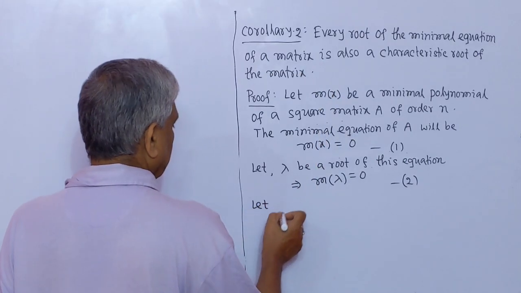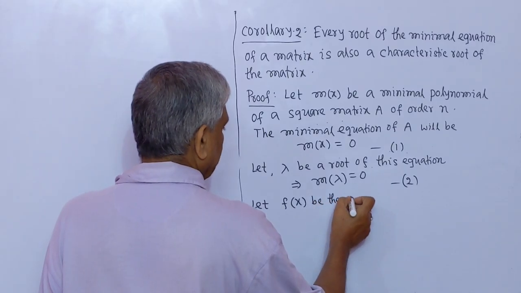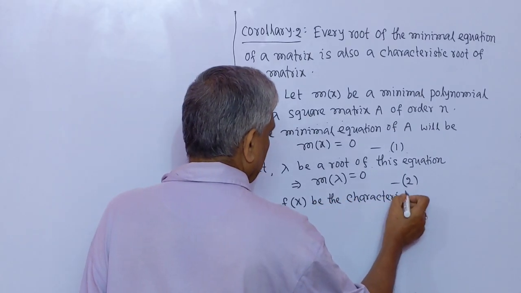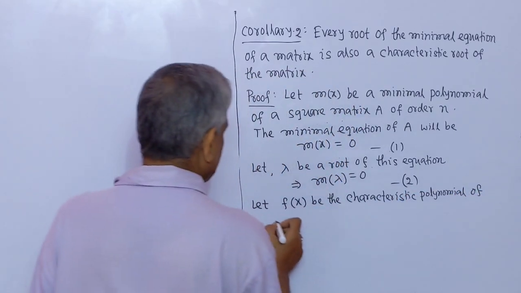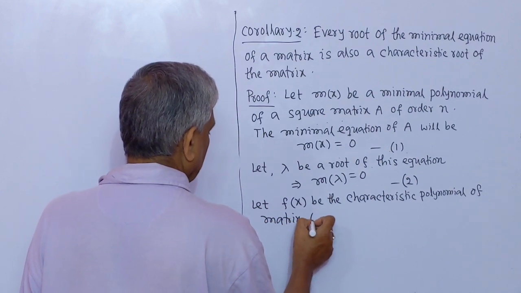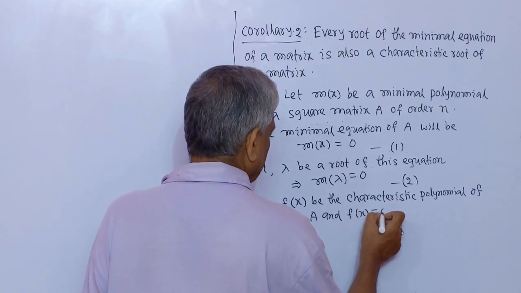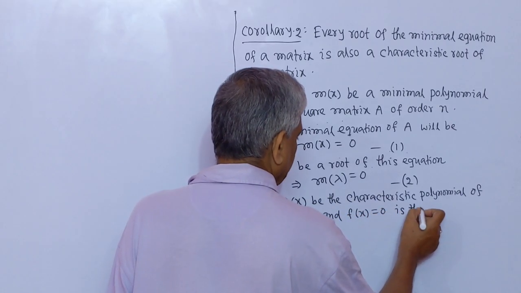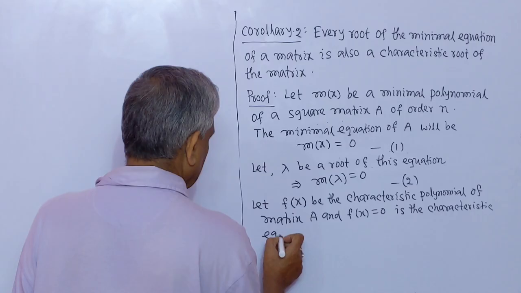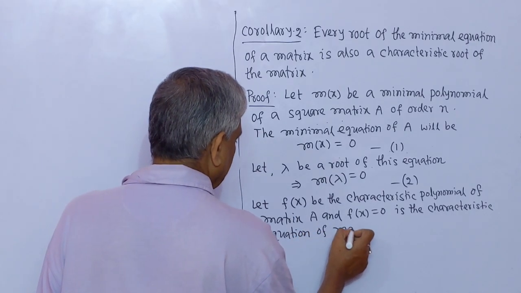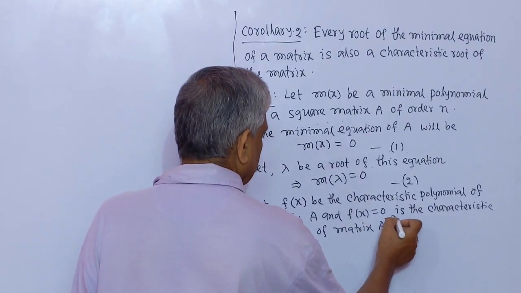Let f(x) be the characteristic polynomial of matrix A, and f(x) equal to 0 is the characteristic equation of matrix A. This is number 3.